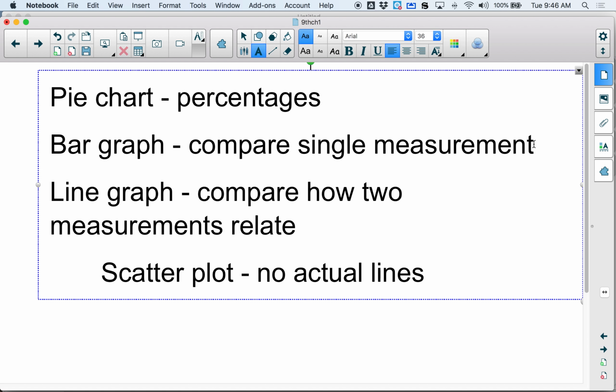You just leave the dots where they are. And we'll see why tomorrow when we start looking at best fit lines. So a scatter plot's not a completely different type of graph than a line graph. You still use it for the same thing. It's just that here we're not drawing the lines in between. So you already know what a scatter plot is, for the most part.